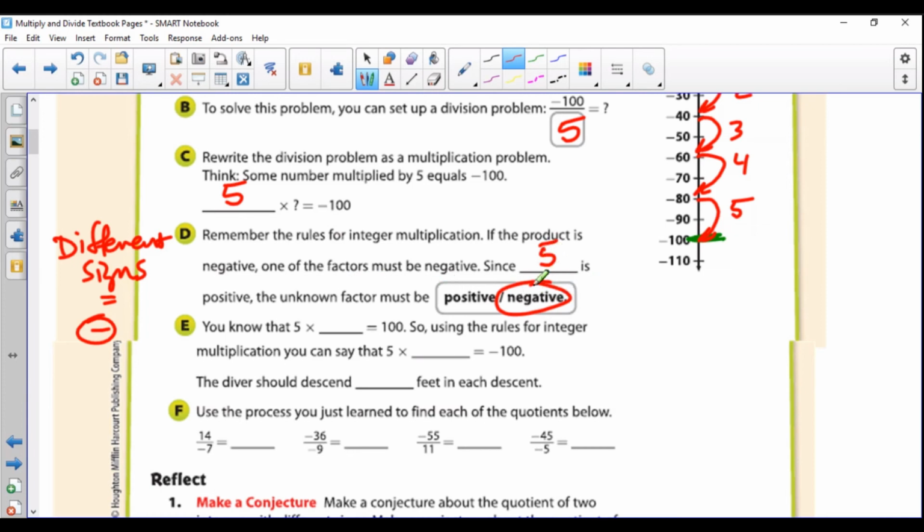So instead of positive, it needs to be negative. And since we know that 5 times 20 gets me 100, I could say that 5 times negative 20 would get me negative 100. And so that's how we get our final answer, that she descends 20 feet. Now remember, descending 20 feet just means negative 20 feet, because we're talking about how much change she has to do in order to get to that negative 100 depth.